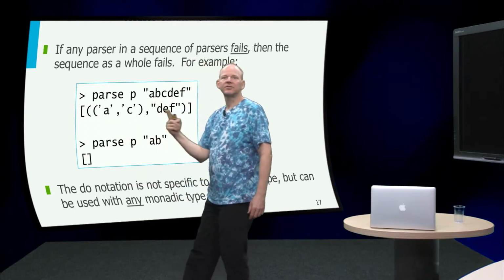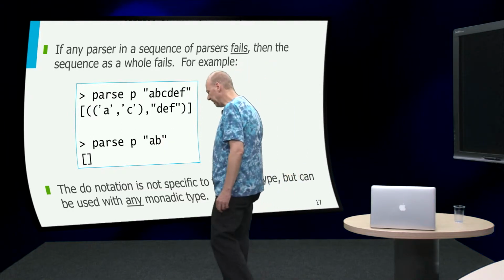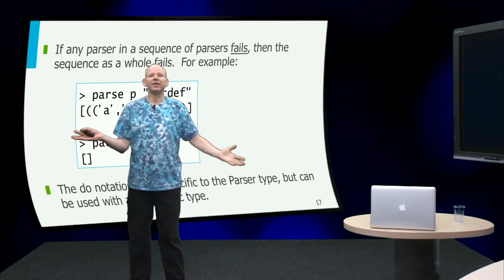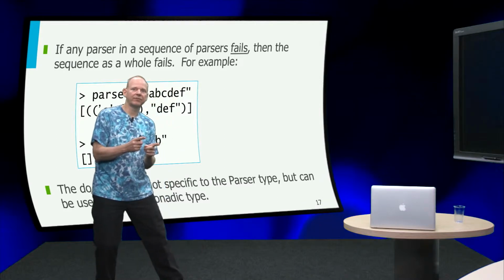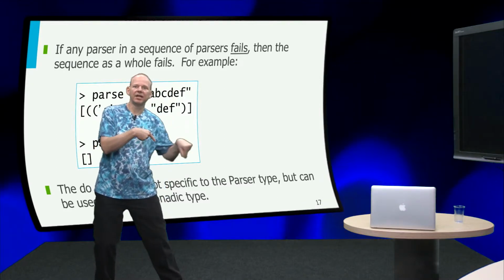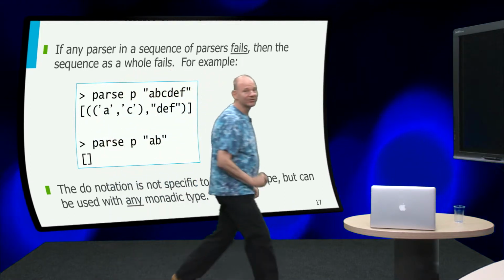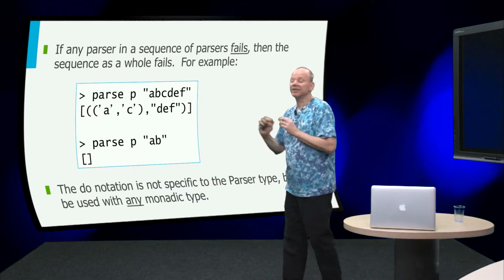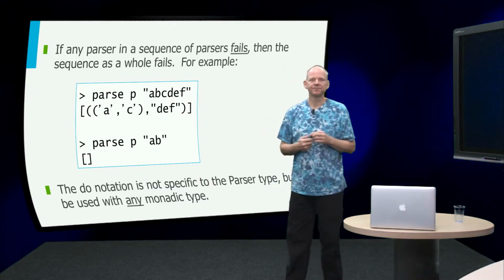So it returns this. But if we try to apply that to a string that only has two characters, then it won't work. It will fail. You see it here, failing. There, I'm failing, like the parser. So when any parser that you sequentially compose fails, you want the whole thing to fail.